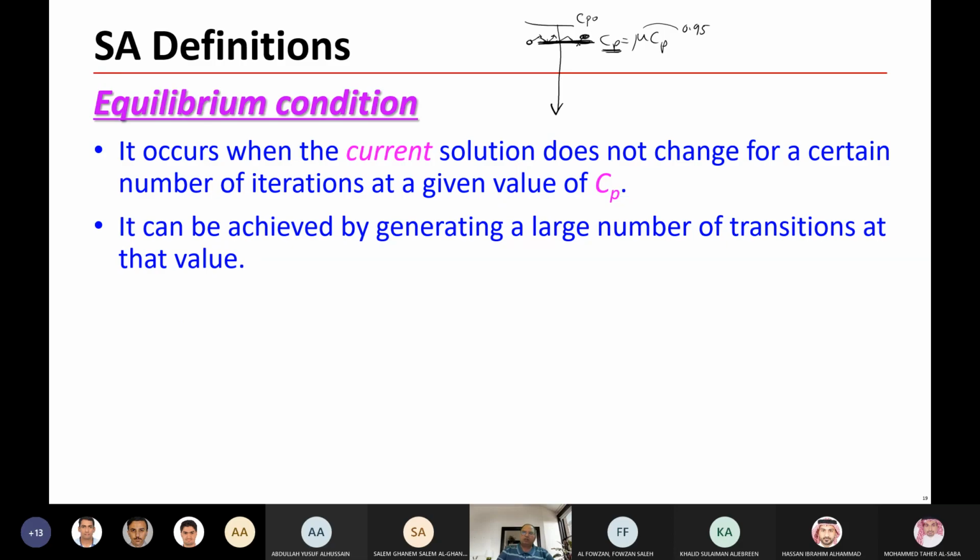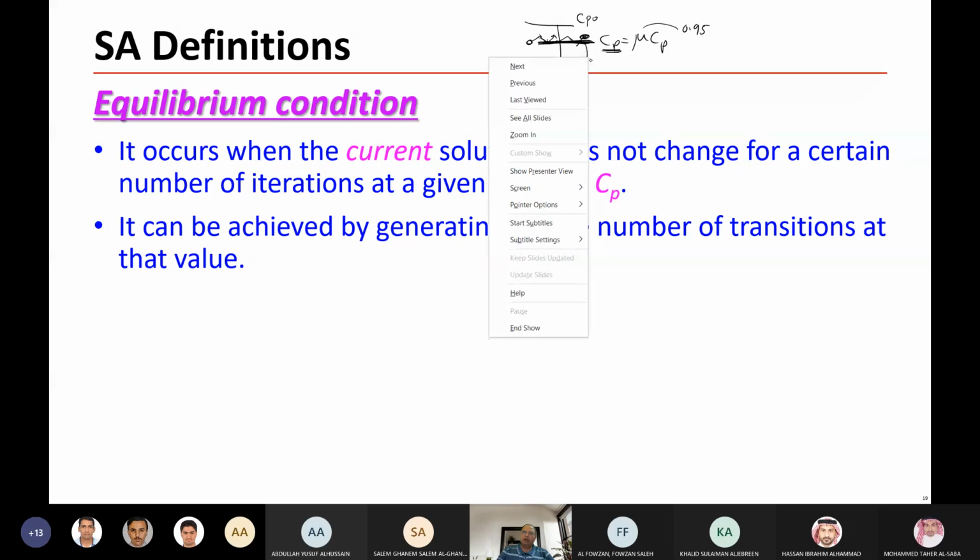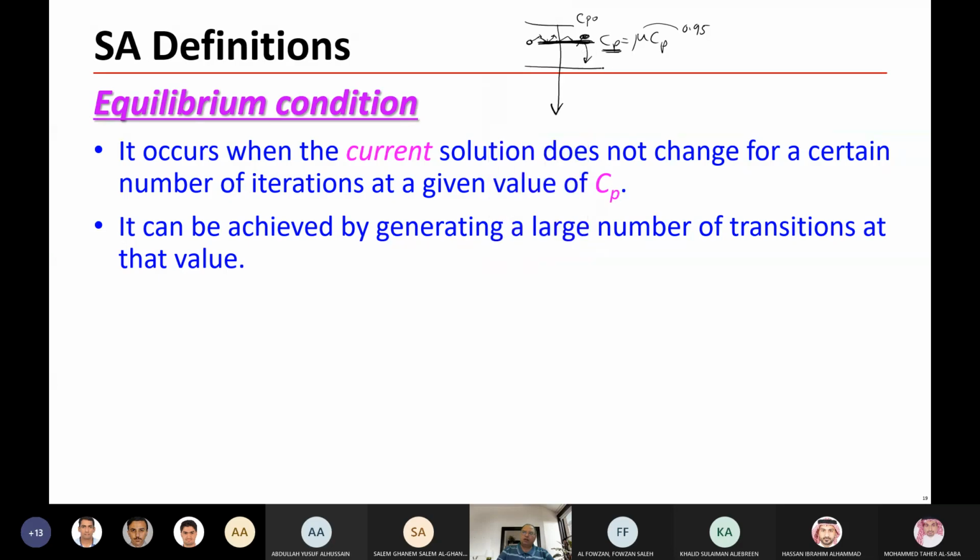So once you reach this thermal equilibrium, you cool down again, you reach another CB equal to mu CB, and then with the current solution you do some trial solutions, and then you cool down, and at this level you have some search here and there. So this is the situation.